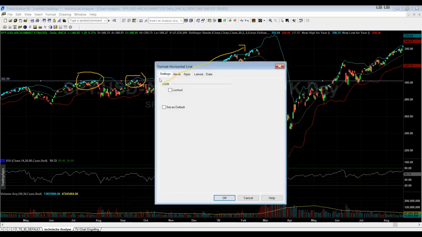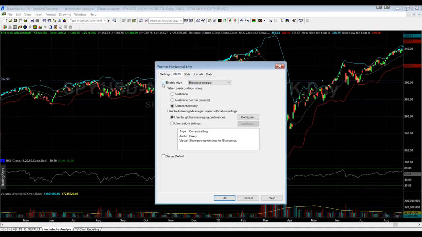And then you can easily add an alert. So you will just get a pop-up window, a tone or an email, whatever you would like, to know, okay, now there's a breakout, especially for everyone who wants to trade breakouts in different asset classes. This is a very easy and common way to get a notification about it.